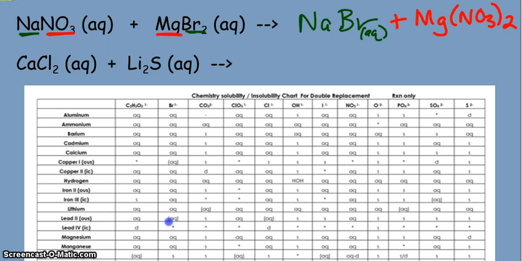Now I'm going to find the intersection between magnesium and the nitrate. So over here, as we follow down, magnesium also makes an aqueous solution when bonded with the nitrate.